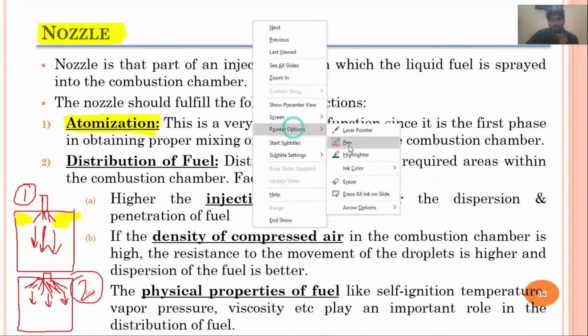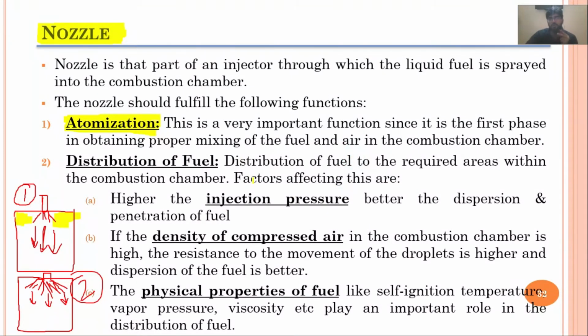So distribution of the fuel is very important. Distribution of the fuel to the required areas within the combustion chamber. This is also the purpose of the nozzle, that it has to ensure that the fuel is being distributed properly throughout the combustion chamber. What are the factors?